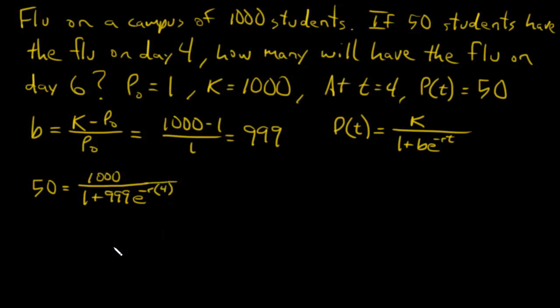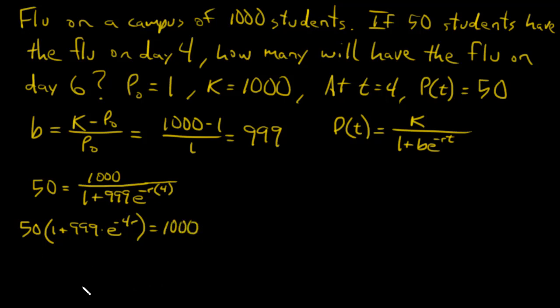Okay, so I'm going to cross multiply, and when I do that, I get 50 times 1 plus 999 times E to the negative 4R equals 1,000.